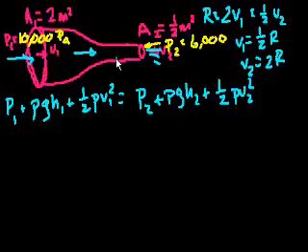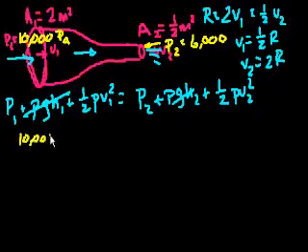Well, this pipe is level. The height at either end is the same, so h1 is equal to h2, and these two terms are equal, so we can cross them out. We subtract that value from both sides. And what's P1? P1 is 10,000 pascals, so let's start substituting numbers.